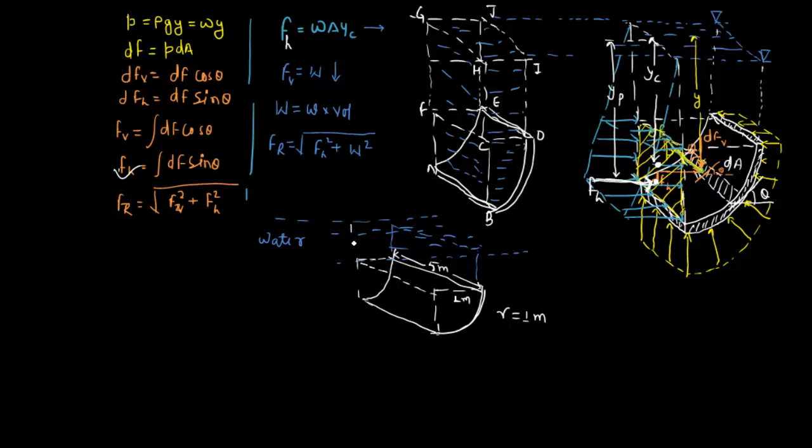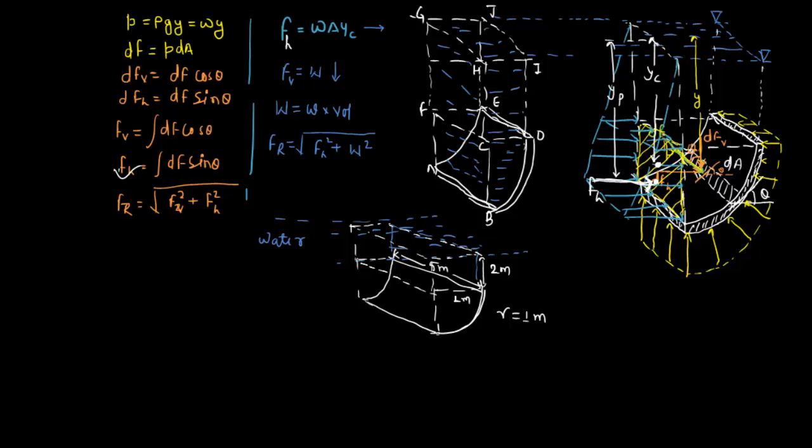This is completely submerged in the water, and I want to calculate the hydrostatic force on this curved surface. Let the top edge of this plate be 2 meter below the surface.